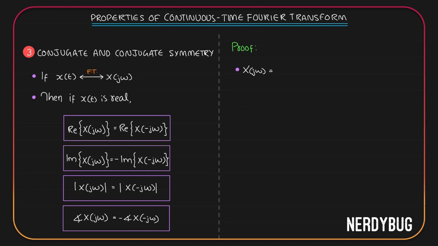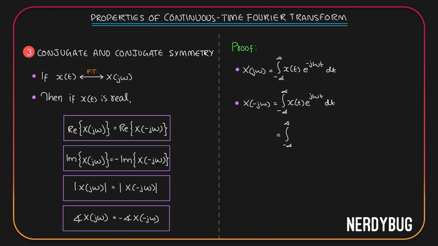X of j omega can be written as integral from minus infinity to infinity x of t e raised to minus j omega t dt. Then you can write X of minus j omega like this. Change j to minus j. You get integral from minus infinity to infinity x of t e raised to j omega t dt. But x of t is real, so instead of x of t, I can write x conjugate of t because x of t and x conjugate of t are the same.